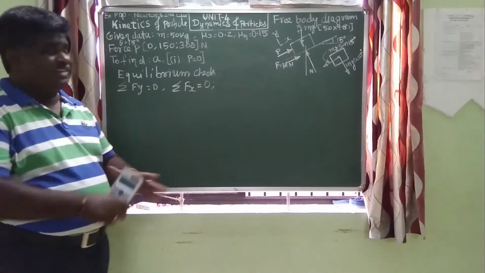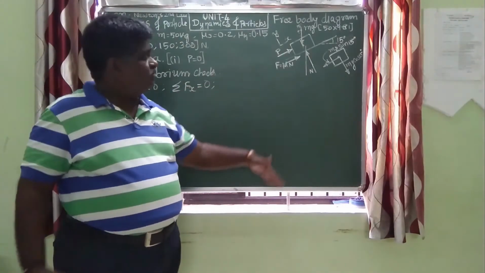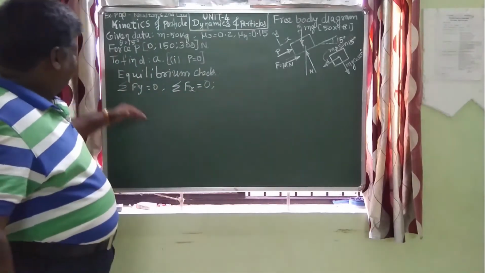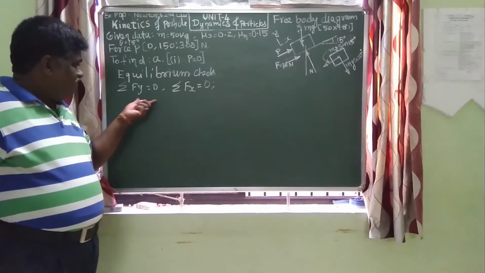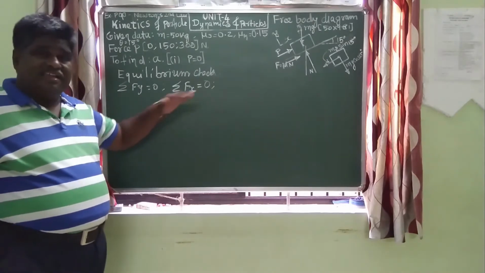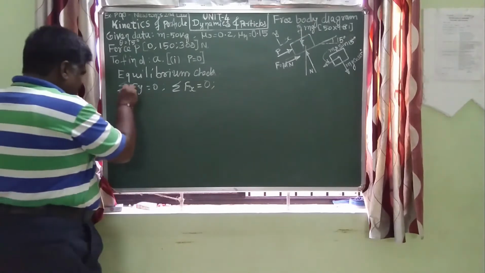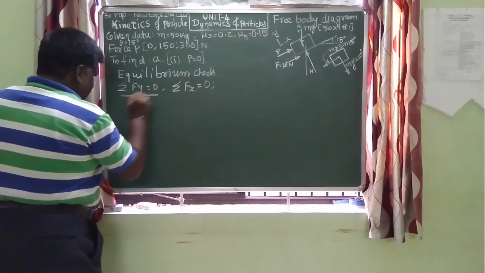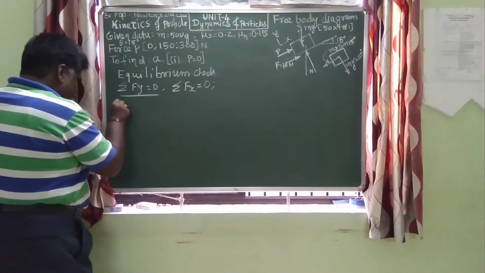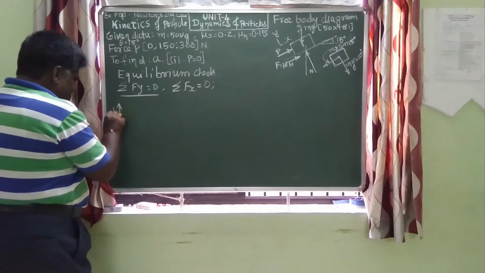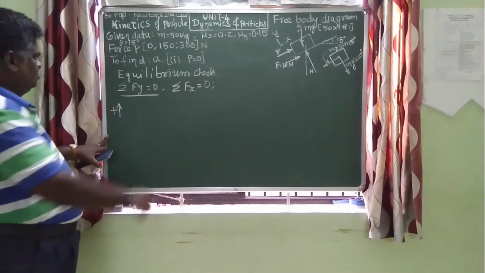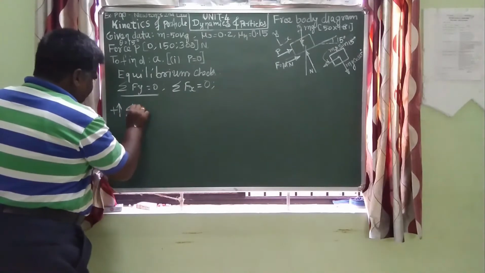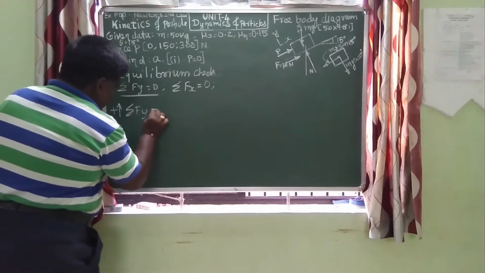First, without considering the friction force, we apply these two formulas for the y axis and x axis. First we consider the y axis, upward direction initial sign convention is positive. So summation of F y equal to 0.